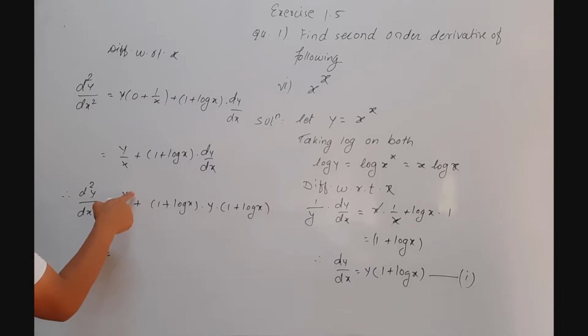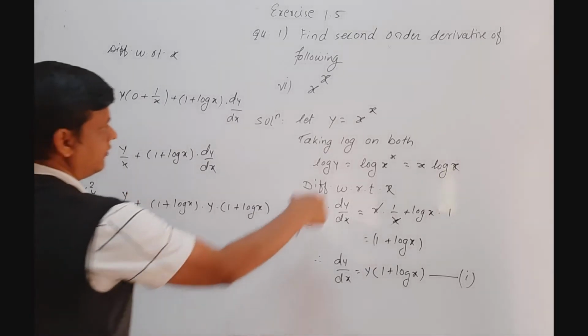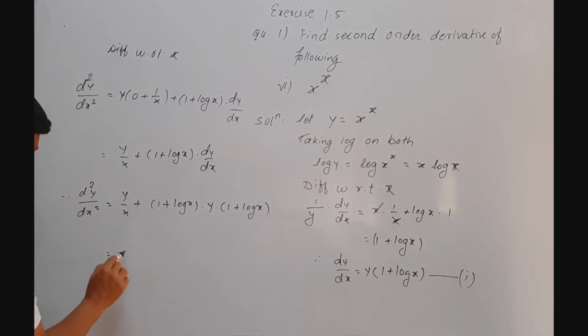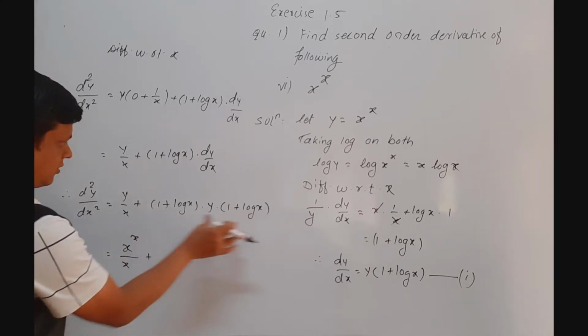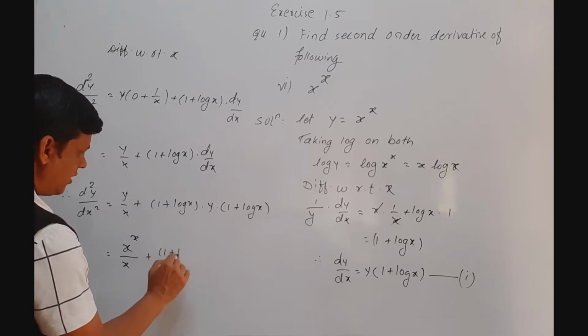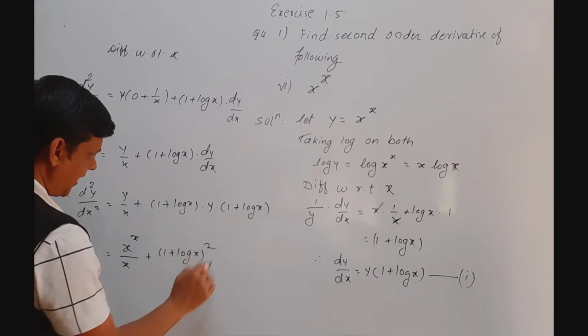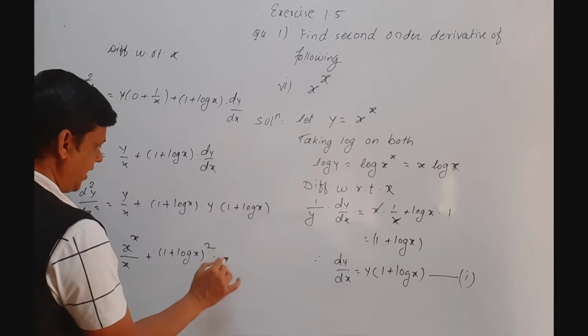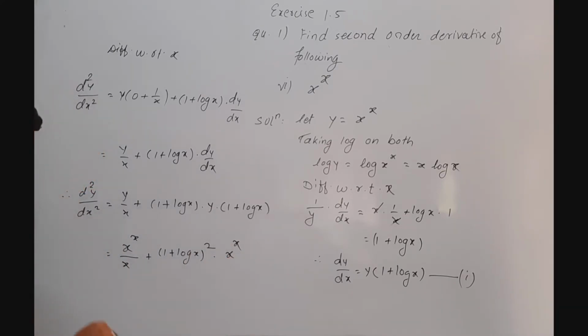Now substitute the value of y here. So the value of y is x raised to the power x. So write x raised to the power x upon x plus 1 plus log x into 1 plus log x. We write (1 plus log x) bracket square, and the value of this y is x raised to the power x.